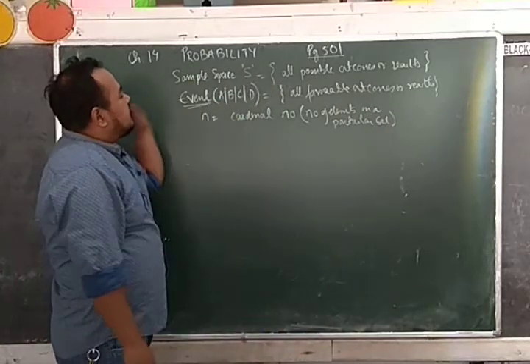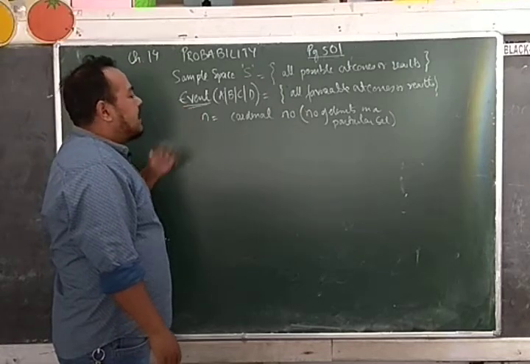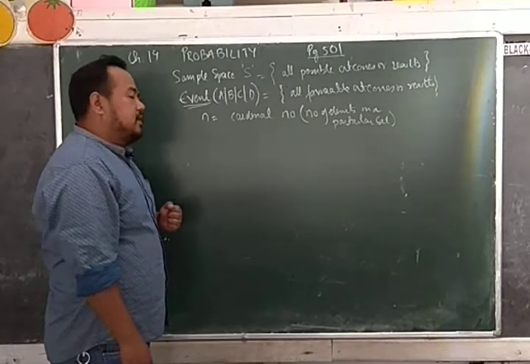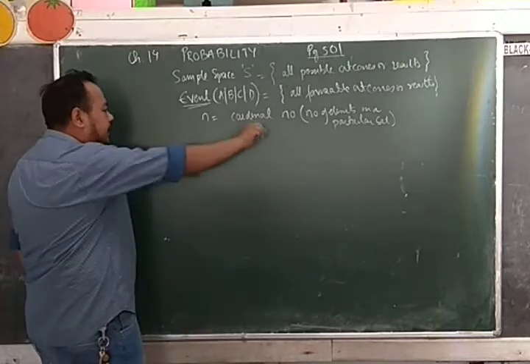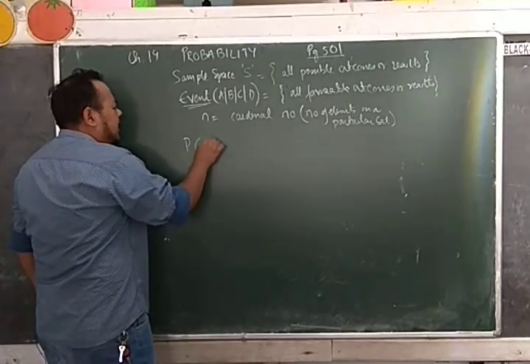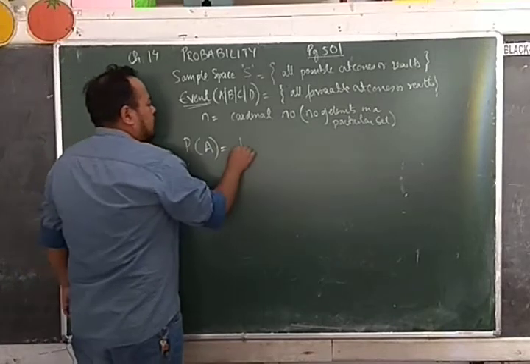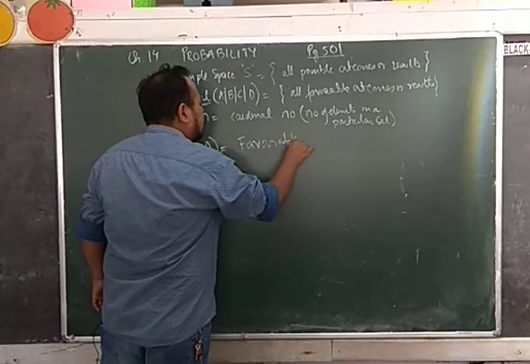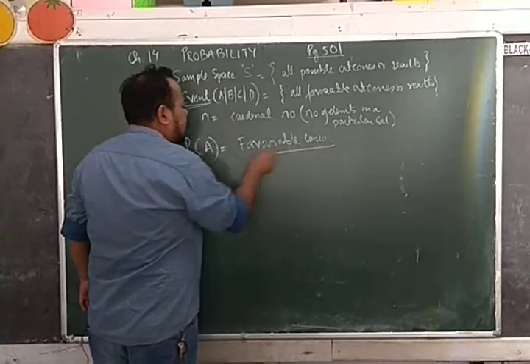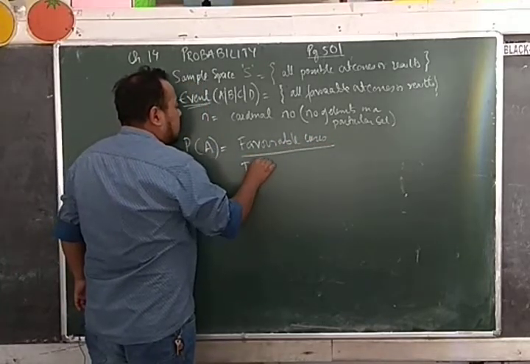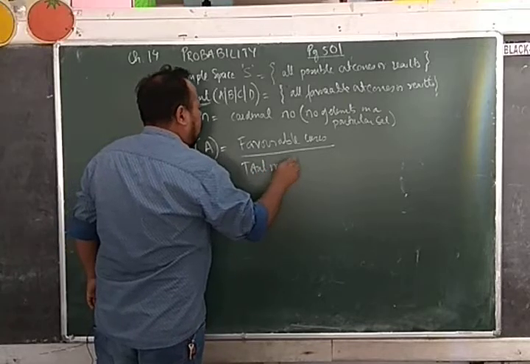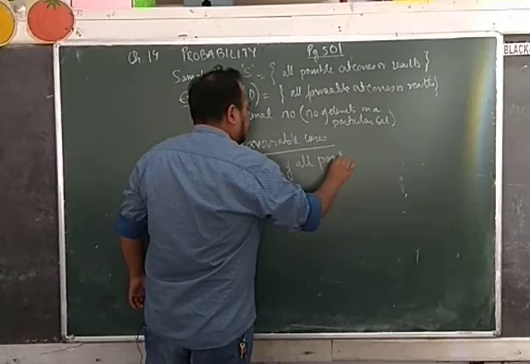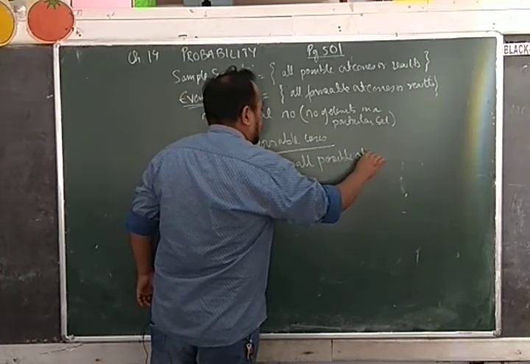Once we understand sample space, event and cardinal number, we are in a position to define probability. Suppose we take an event A, then the probability of A is equal to favorable cases divided by the total number of all possible outcomes.